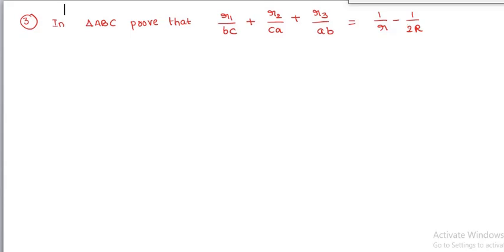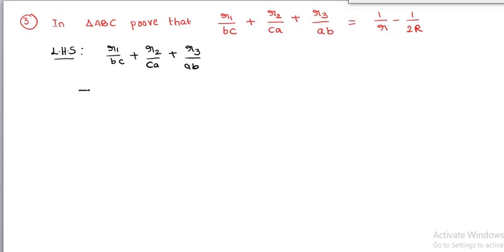Okay, taking LHS value. So simply write LHS value is equal to R1 by BC plus R2 by CA plus R3 by AB.